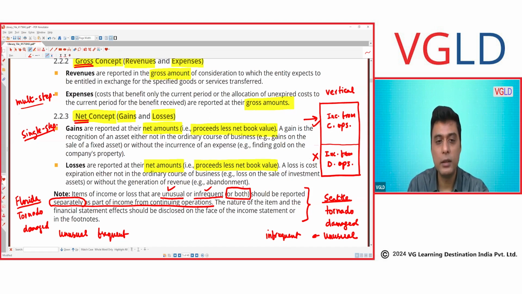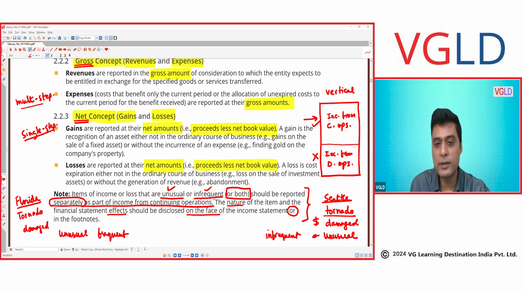That is what they said in this. The nature of the item and the financial statement effect: the nature of the item, that it was a tornado, and the effect, what damage it created, the dollar value, will be disclosed on the face of the income statement or in the notes.